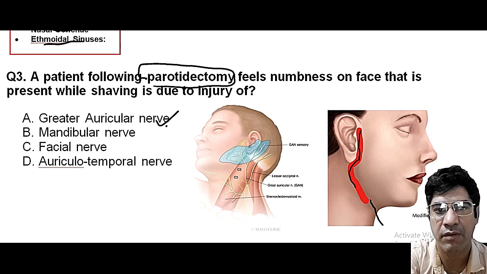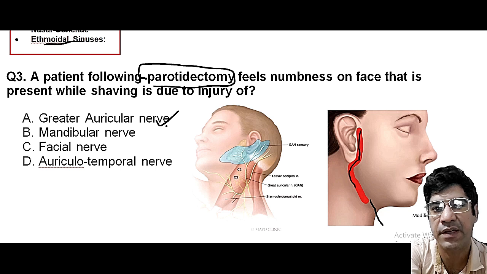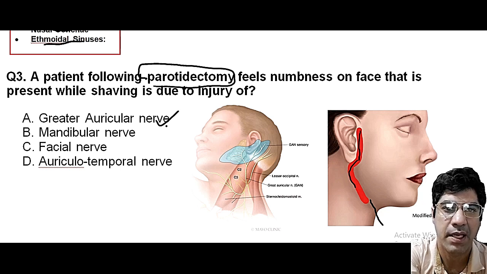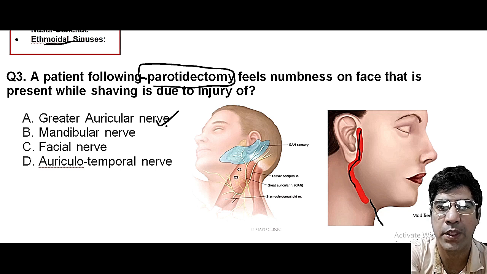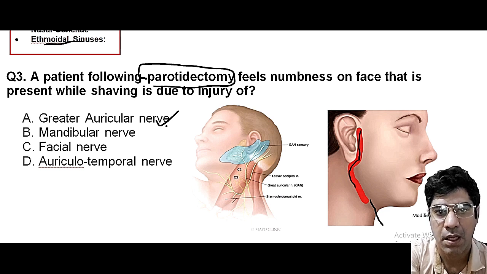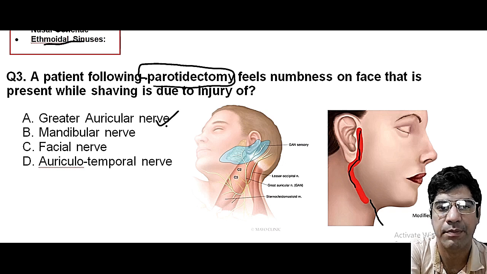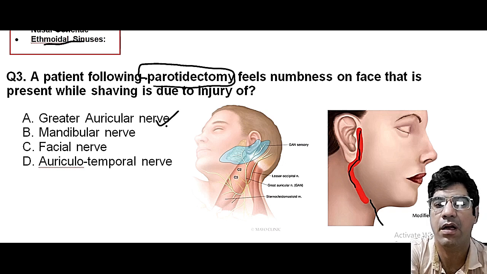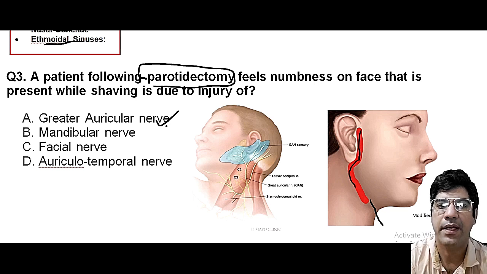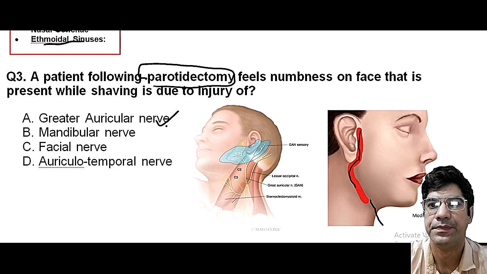The mandibular nerve, as we know, is one of the divisions of which nerve? It's the trigeminal nerve, which supplies sensory innervation to the lower jaw, that is the mandible, including the lower lip and chin. Injury to the mandibular nerve might cause numbness in the lower part of the face, but it is less likely to affect the area typically involved in shaving, which is higher up on the face.